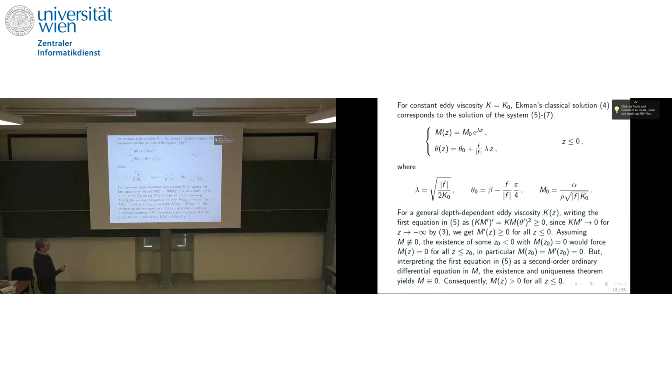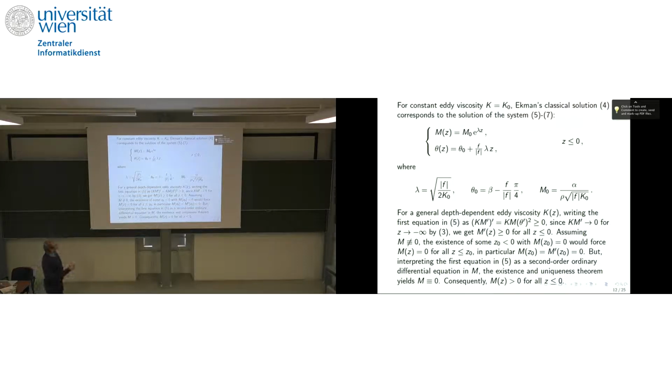So, if you look at Ekman's classical solution for constant eddy viscosity, and you wonder what it corresponds to for this nonlinear system in polar coordinates, this is the solution, where the values of these constants are here.